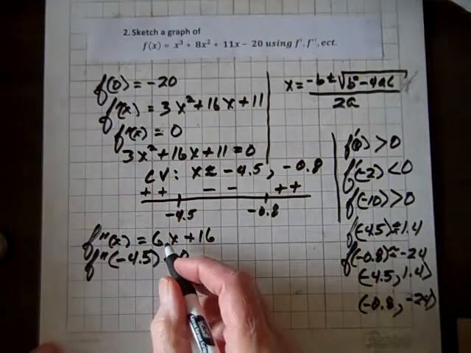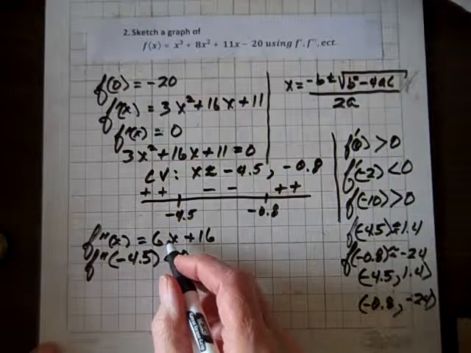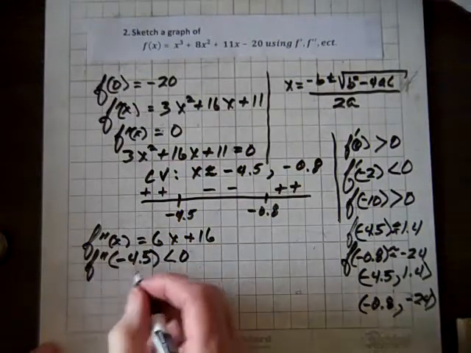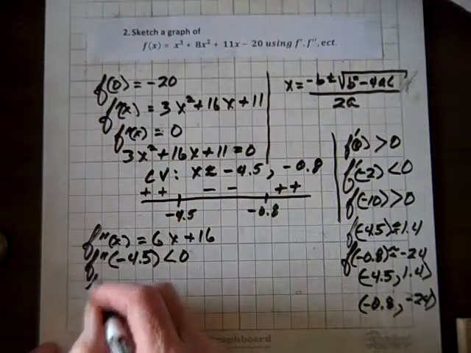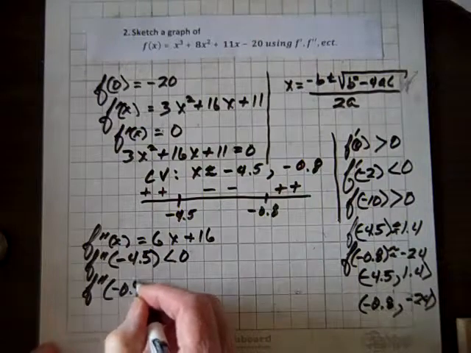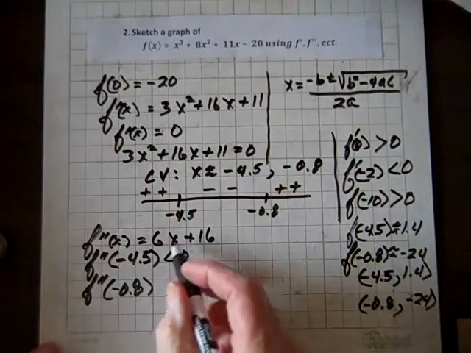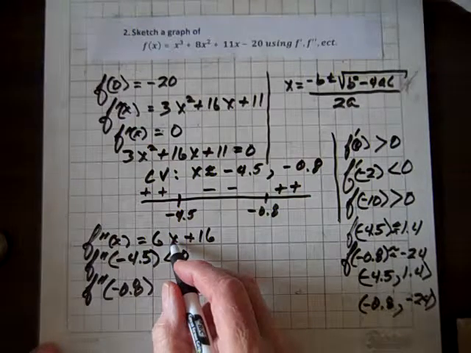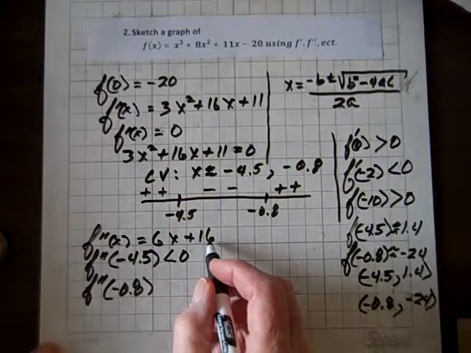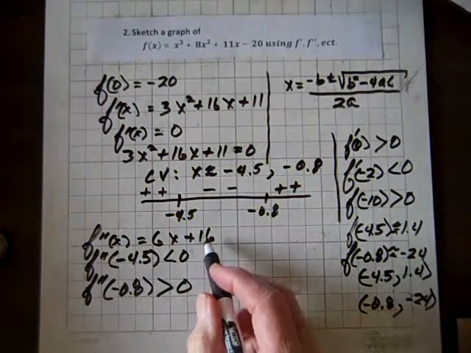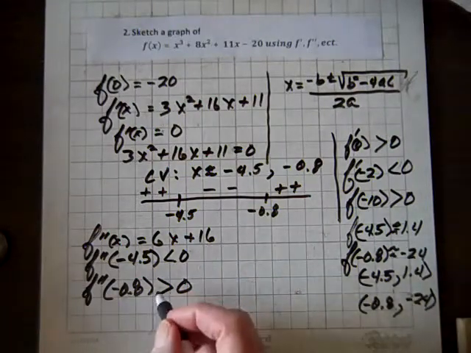That means it's concave down, so we have a max at x equals negative 4.5. Let's evaluate f double prime of negative 0.8. The 16, the positive, is going to dominate, and this is greater than 0, so we have a min at x equals negative 0.8.